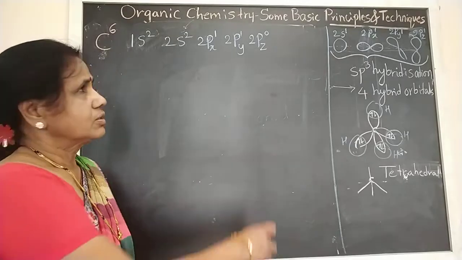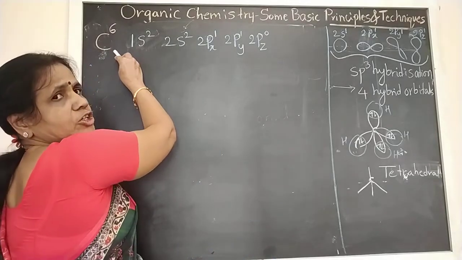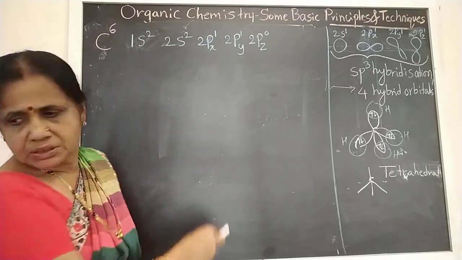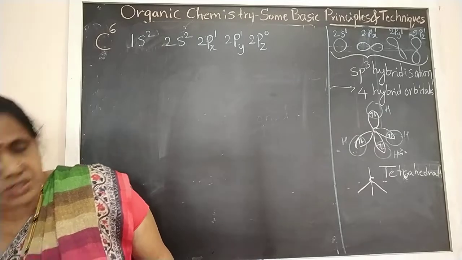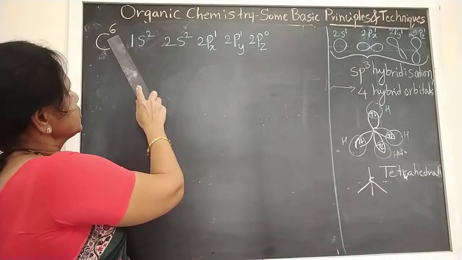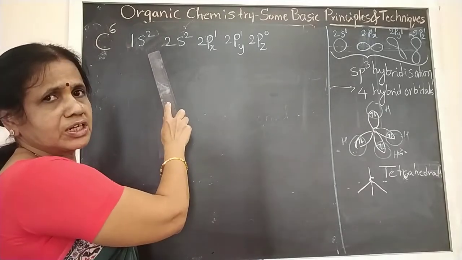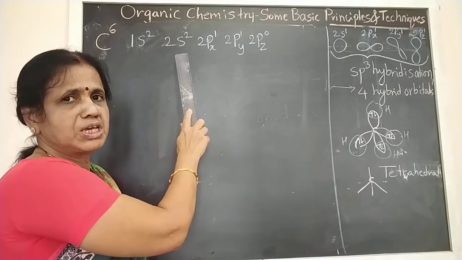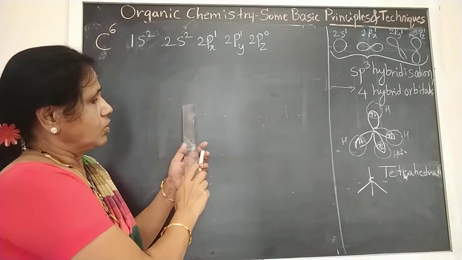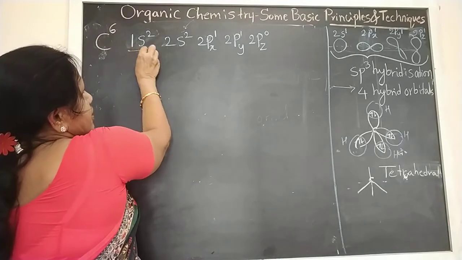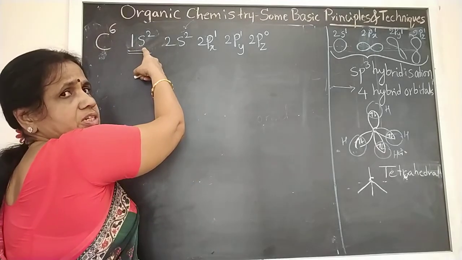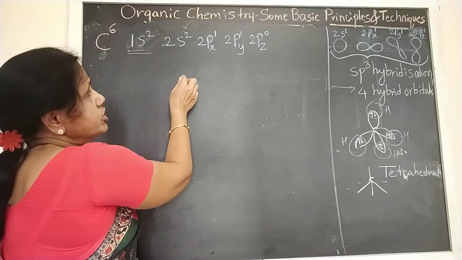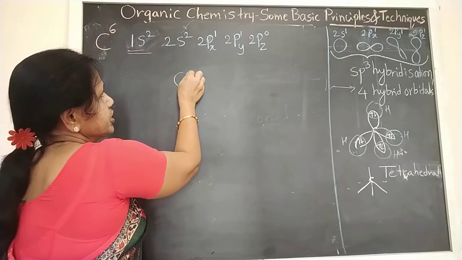So you see here, carbon has atomic number 6, which means it contains 6 electrons, and the 6 electrons are distributed in the different orbitals of the main shells. The first main shell contains one subshell, the s orbital, which is spherical in shape.